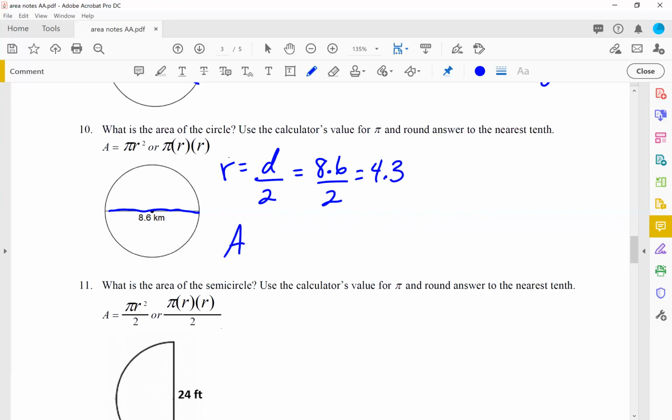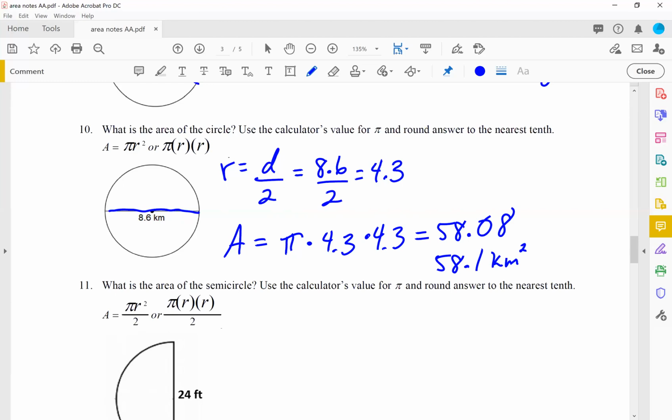Now the area, you just have to do pi times r squared. So pi times 4.3 times 4.3. So that squared times pi, and we get 58.08. So it's going to round us up to 58.1 because the 8 makes a 0 go up. And that's kilometers squared.